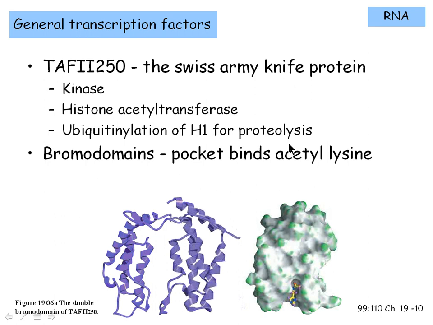Now, this is looking ahead a little bit. Ubiquitin is a very small protein that can be added to other proteins to make them degraded. And so if you were to ubiquitinylate H1, histone 1, you would tend to make it go away, and that again would help to open up the chromosome structure.